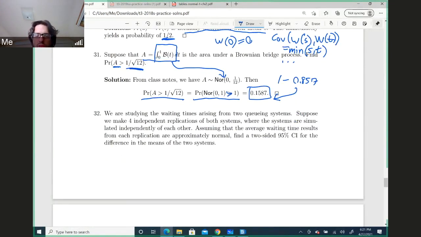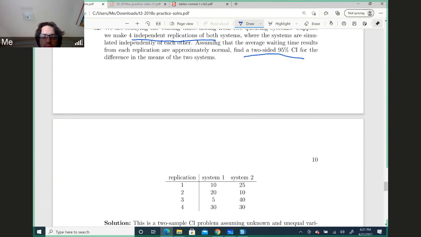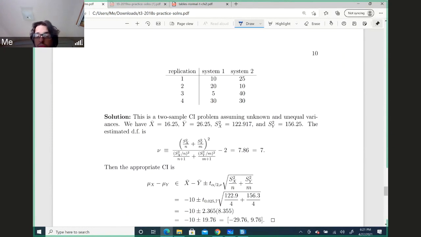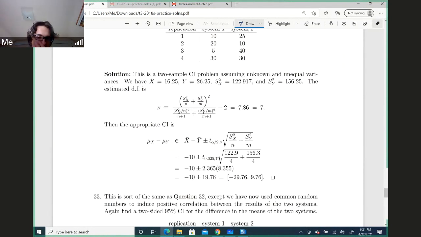Cool. Question 32. This is an independent replications question where they want you to find a two-sided 95% confidence interval for the difference in means of the two systems. As I mentioned before, there's just a lot of equations that you have to write on your sheet and know how to use.